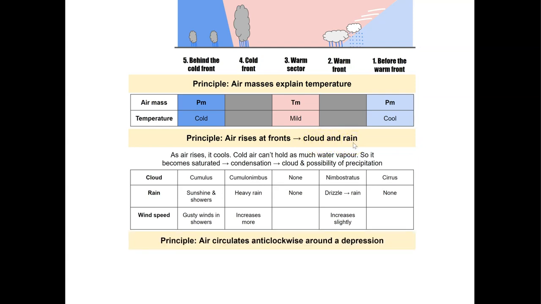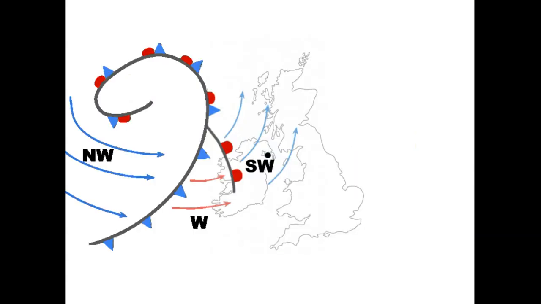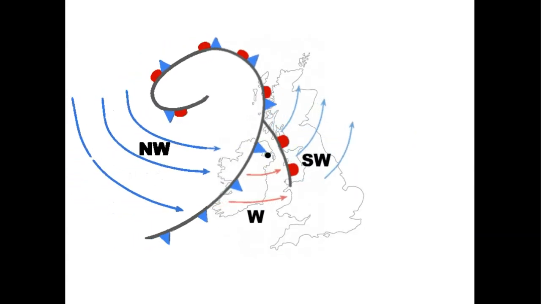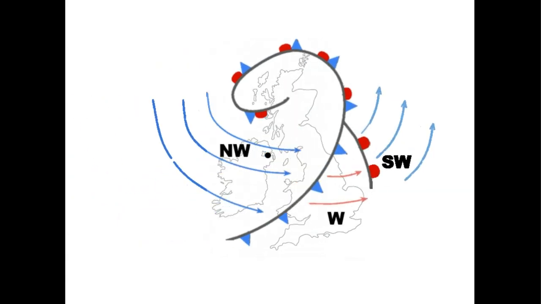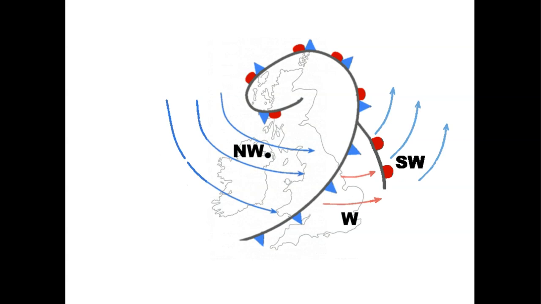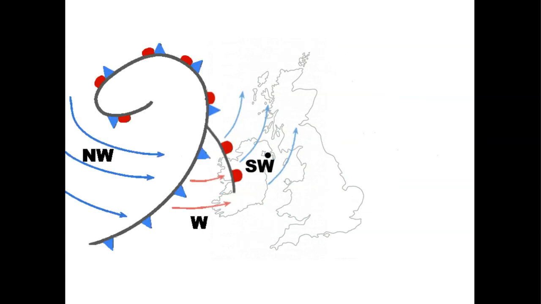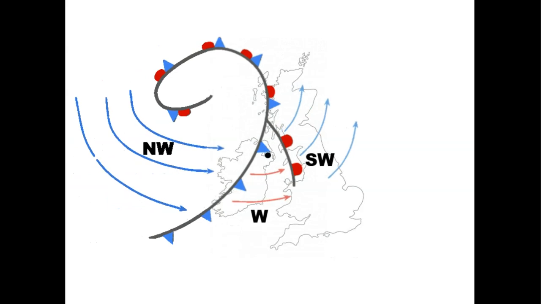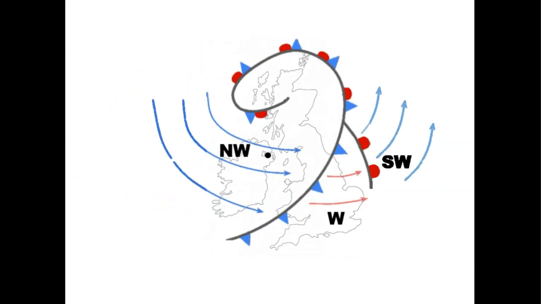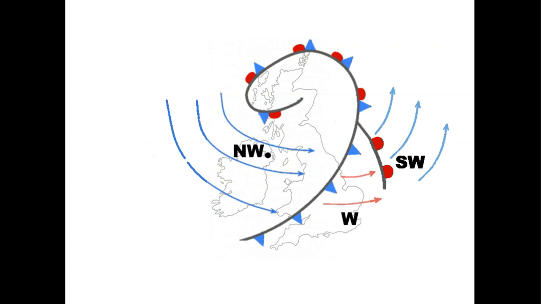The final principle is air circulates in an anti-clockwise direction around a depression, and that helps to explain the changes in the wind direction that we get as the depression moves over. So initially in Belfast we're going to get southwest wind, then as we move into the warm sector it's going to be a westerly wind, and as we go behind the cold front it's going to be northwesterly wind.